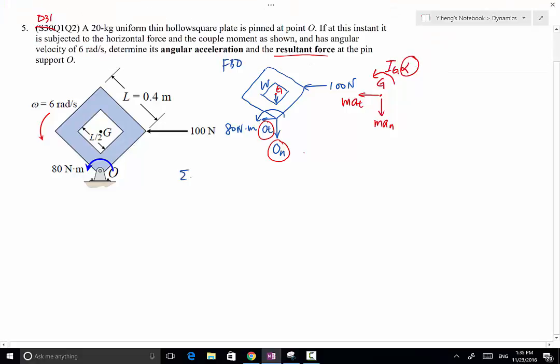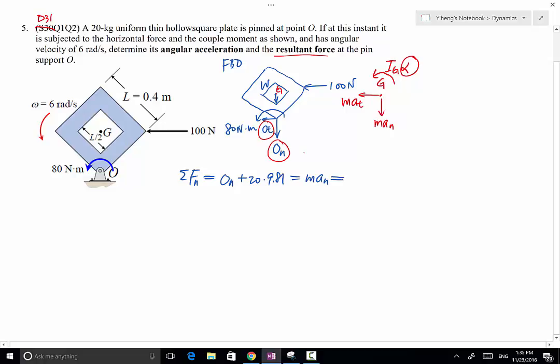We can write the resultant force along the normal direction, and that equals O_N plus the weight, which is also along the normal direction, 20 times 9.81. That's all the forces along the normal direction, and that equals M A_N.